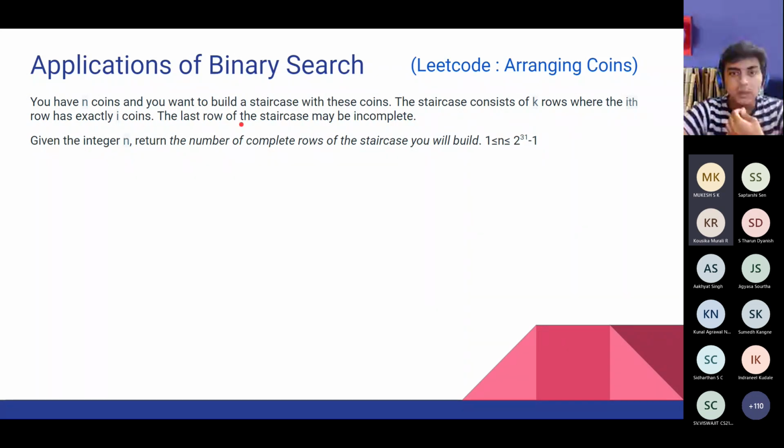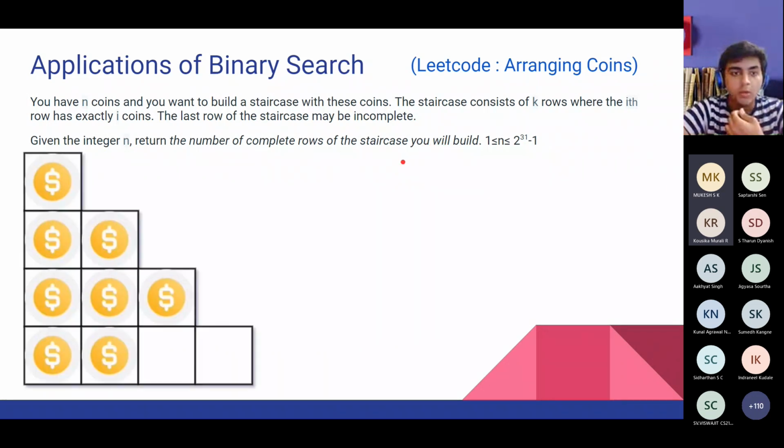The last row of the staircase may be incomplete. Given the integer n, return the number of complete rows of the staircase you will build. And we have this range of n as well. So this is the required thing that we are targeting. Suppose we have n equal to 8, then we get 3 complete rows and the 4th row is incomplete.